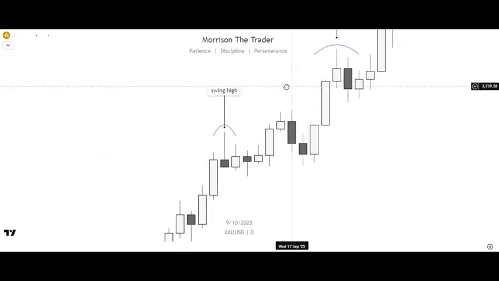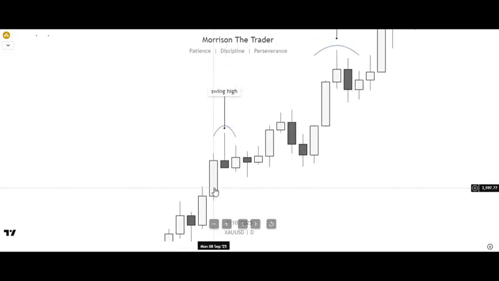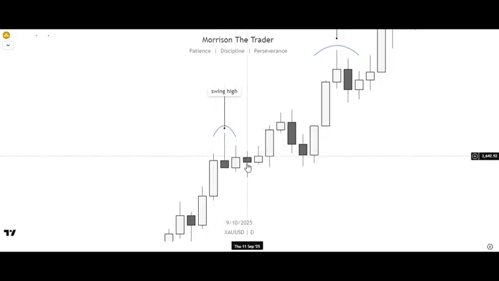We have another example here. You see this directional candle. We have this candle, and then this specific candle, and another candle to the right. This candle and this candle to the left are lower. The highs of these candles are lower than the high of this candle. So this candle sticks out, and that is what makes it a swing high.